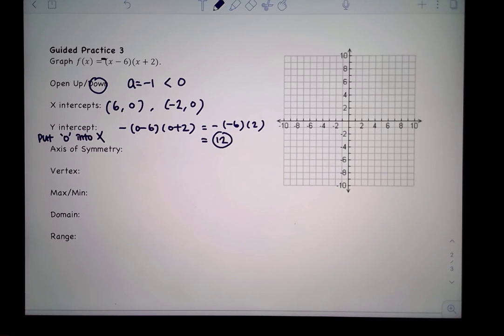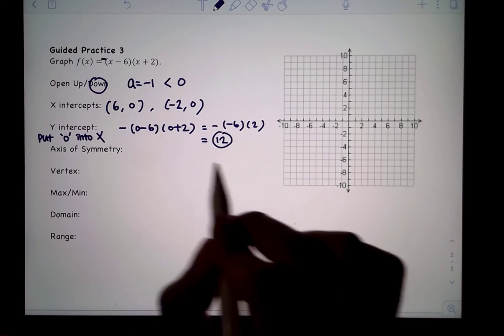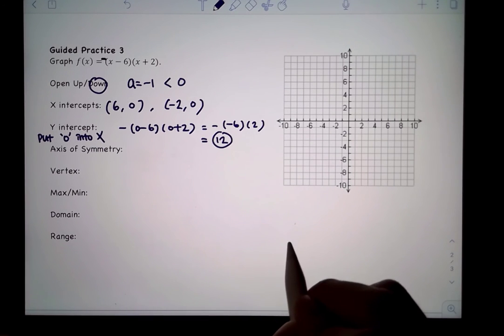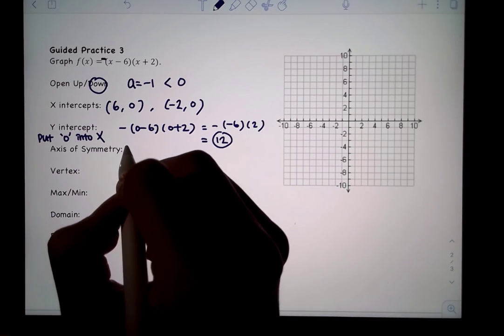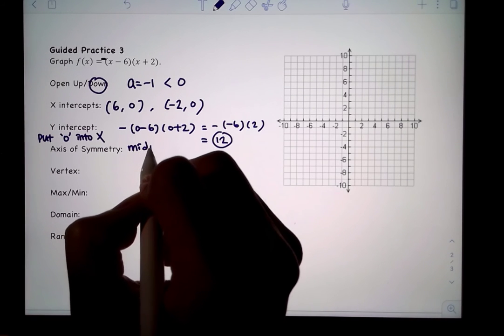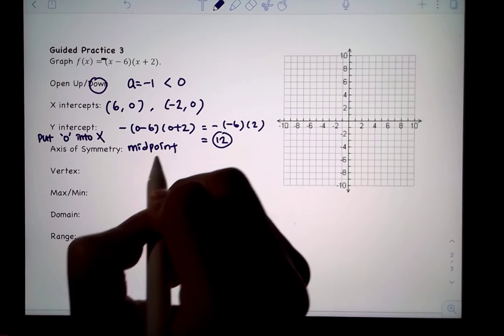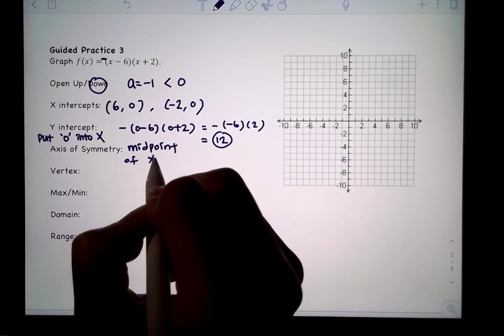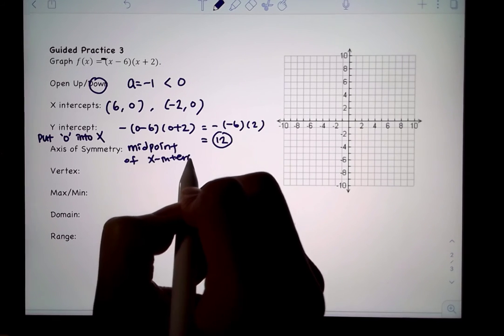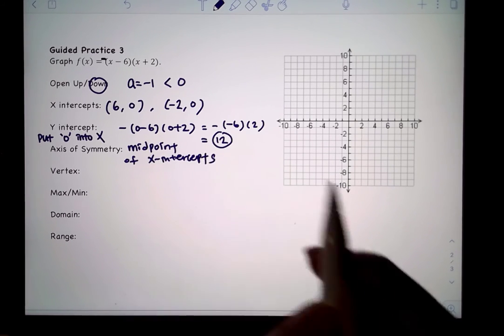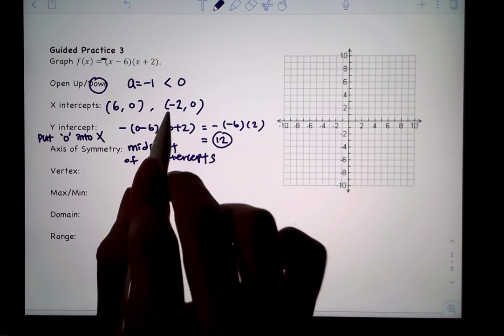And axis of symmetry, I will do it here. Axis of symmetry, we find the midpoint, right? Axis of symmetry will be the midpoint of the x-intercepts. So it's 6 and -2, right?